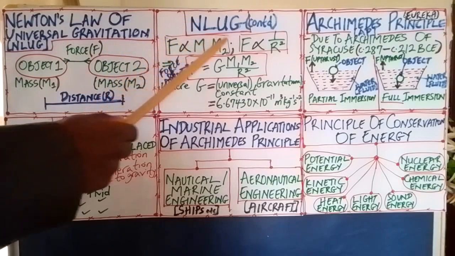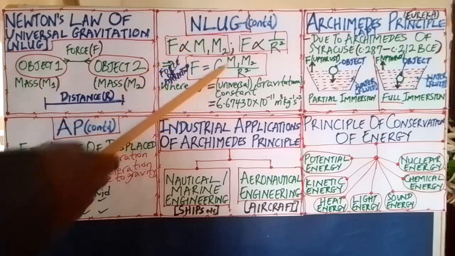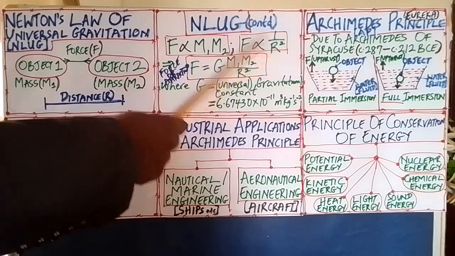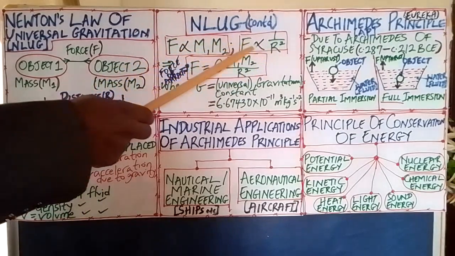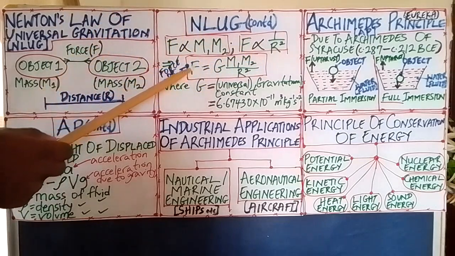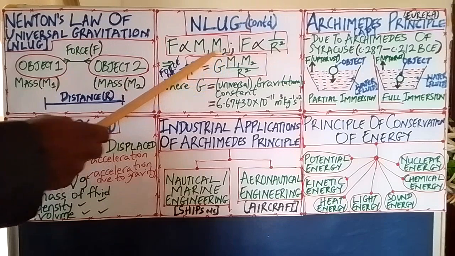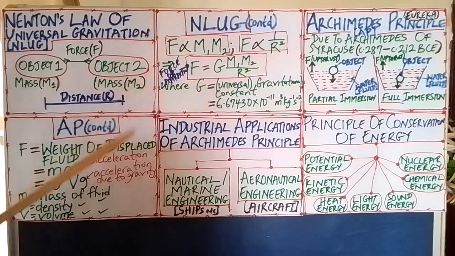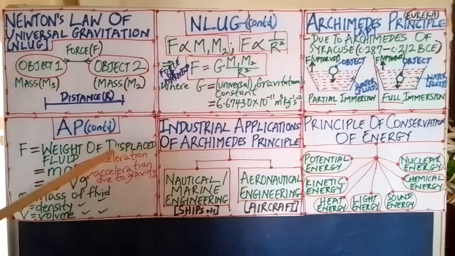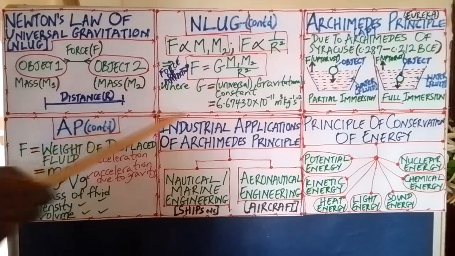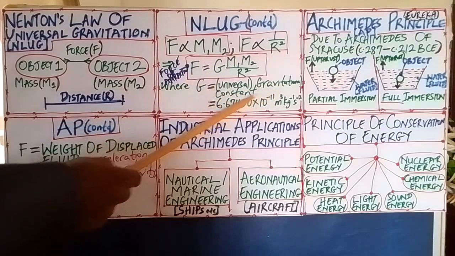So, using the two relations, this is a direct proportionality, and this is an inverse proportionality. We can connect the two proportionalities by saying F is equal to G m1 m2 all over r squared, where this G is a constant. And this constant has been measured, and the constant is called the universal gravitational constant.